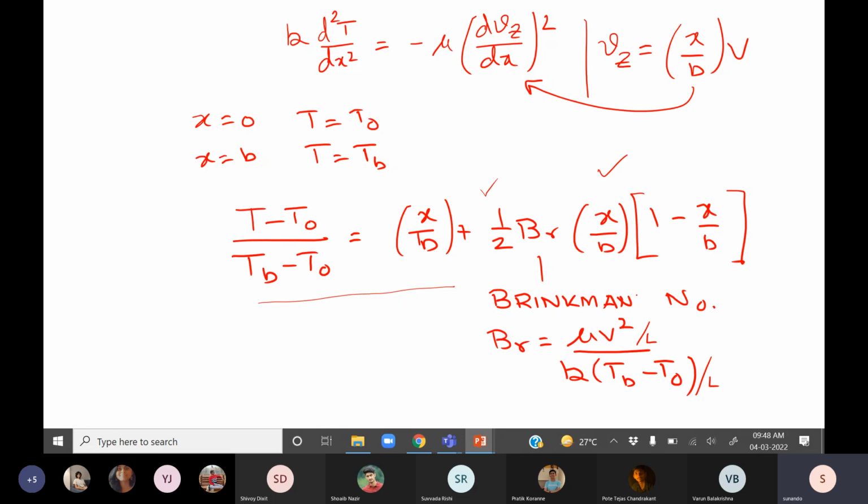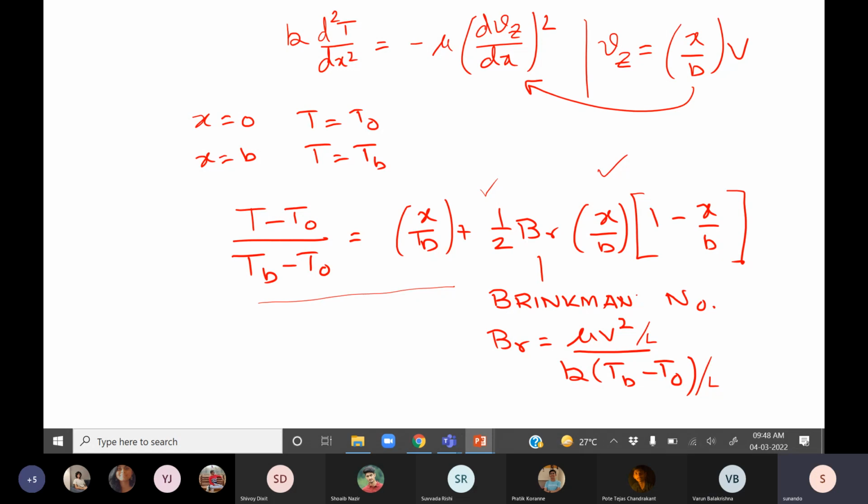What does the denominator signify? Temperature difference, or rather temperature gradient multiplied by k. Conductive heat transfer, due to the presence of an imposed temperature gradient.